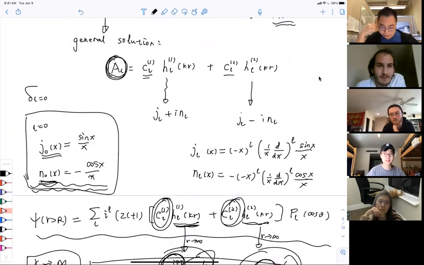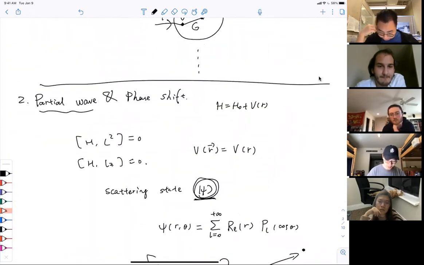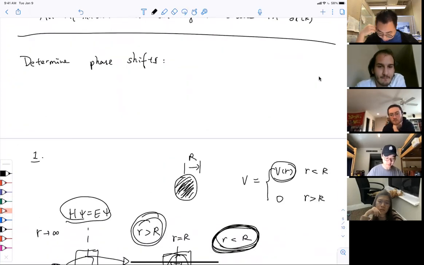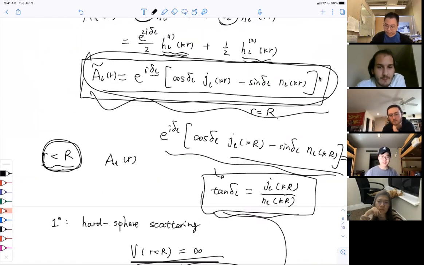Yes, it's different here. The whole discussion we had here depends on separating the regime into two parts. We can solve the part outside the potential very easily because the potential is 0. Then we can match the boundary condition at infinity and get this nice result for A_l.